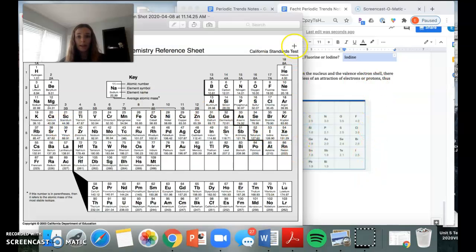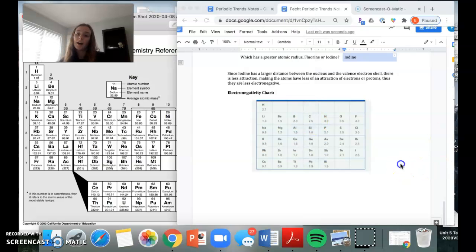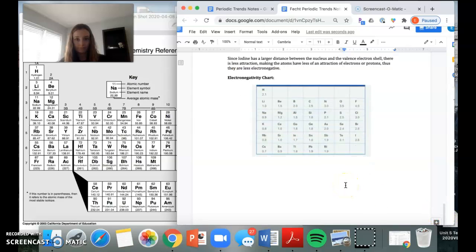Our group 8A do not have electronegativity numbers because they have very, very little electronegativity, very close to 0 or 0. But all of our other ones do. Lithium always has the same electronegativity, but we see fluorine over here is the most electronegative, and iodine, we see it decreases going down and increases going to the right.